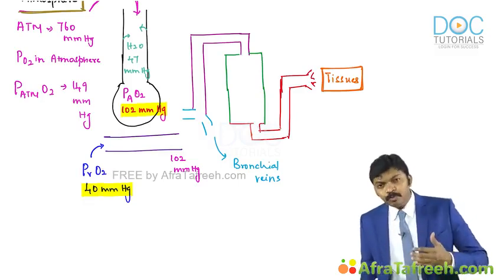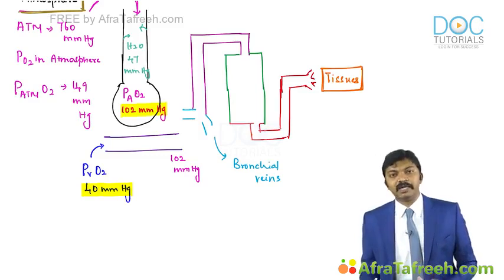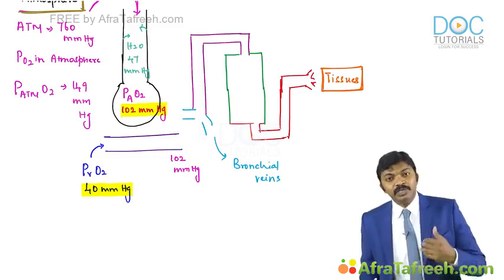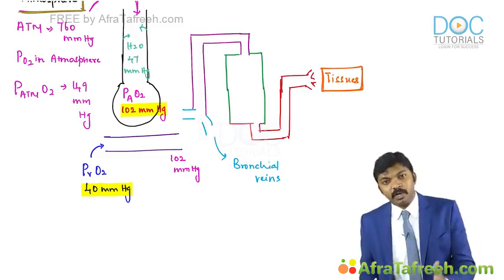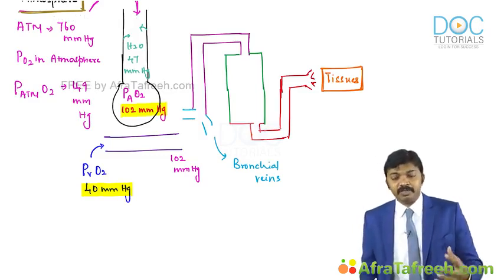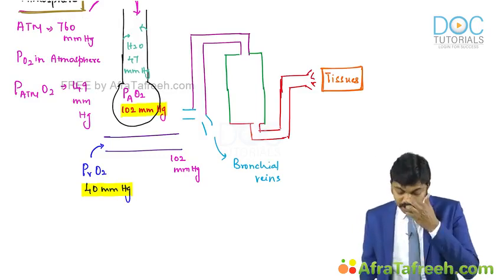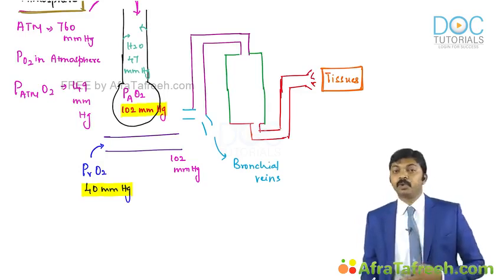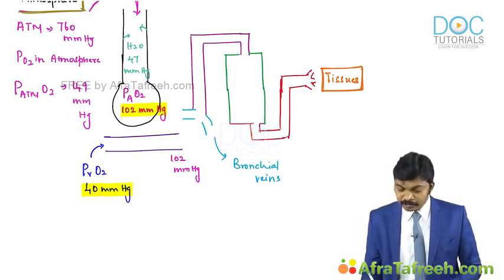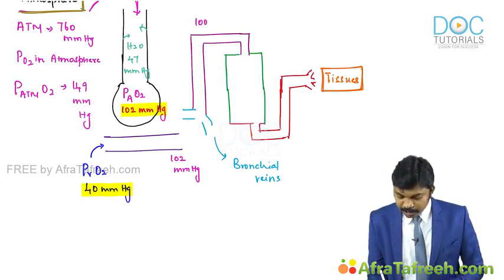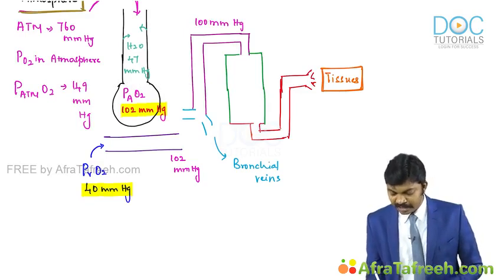Now, because of venous admixture of deoxygenated blood, there is going to be an addition of more carbon dioxide to the oxygenated blood. As a new gas is getting added, the partial pressure of the existing gas will reduce. So naturally, the partial pressure of 102 millimeters of mercury comes down to just 100 millimeters of mercury by the time it reaches the left atrium.